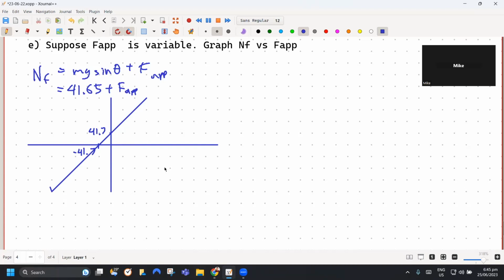F applied axis at saka yung normal force axis. Paki-label. Kasi yung mga axis dapat may labels yun di ba? What are you graphing? So that's going to be normal force, F applied.